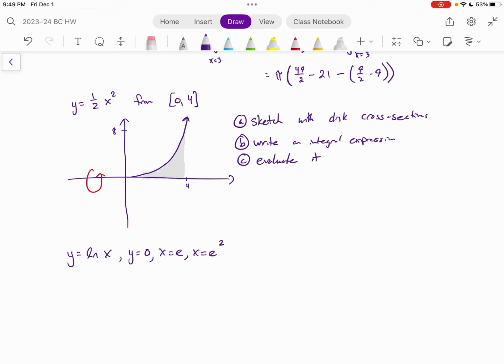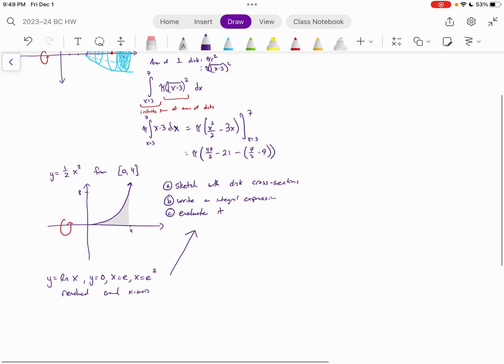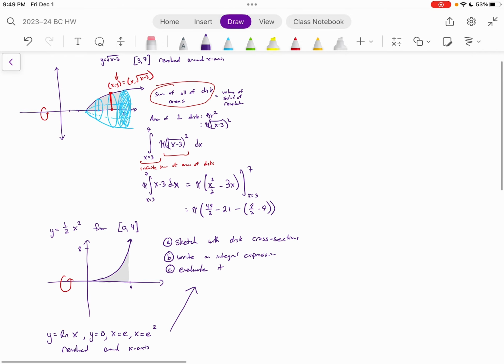Do the same three things: sketch with disk cross sections, write an integral expression, and evaluate it for this area revolved around the x-axis, just like we did in our example up there with root x minus 3.